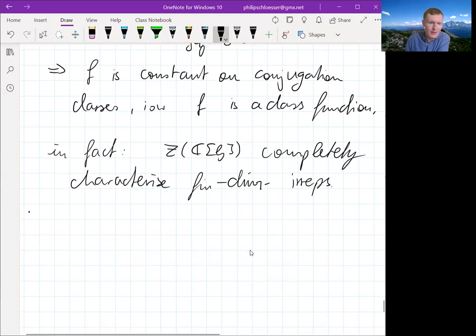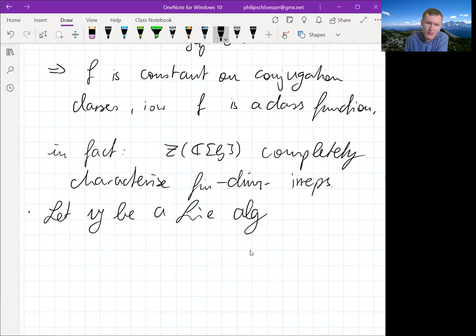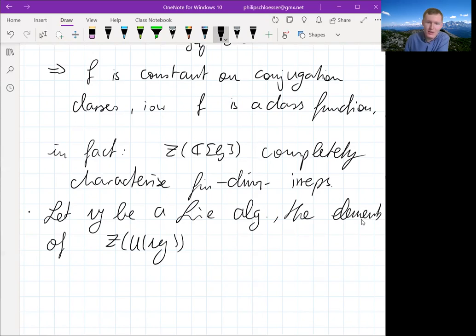Secondly, if we have a Lie algebra, we can define what's called a Casimir element, or no, that's not true. The elements of the center of the universal enveloping algebra are called Casimir elements.